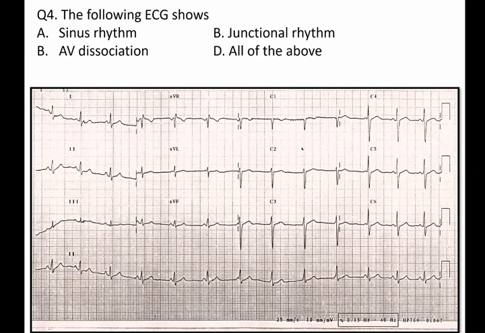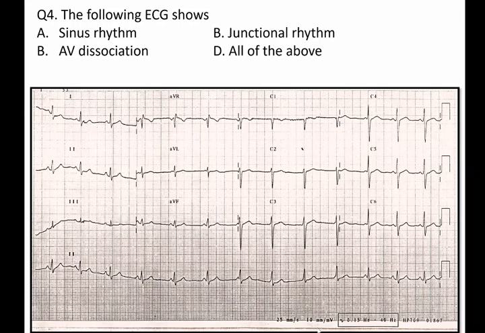The atrial activation is controlled by the sinus rhythm, whereas the ventricular activation is controlled by the accelerated junctional rhythm. So there is a dual rhythm, and the atria and the ventricles are beating independently of each other.